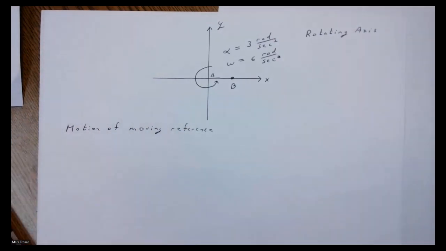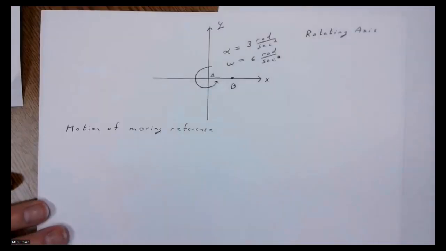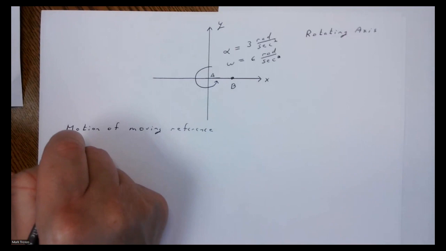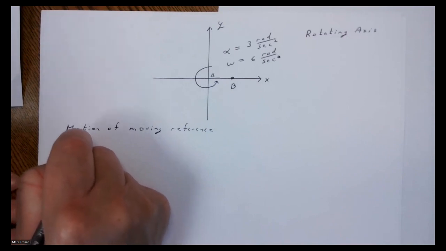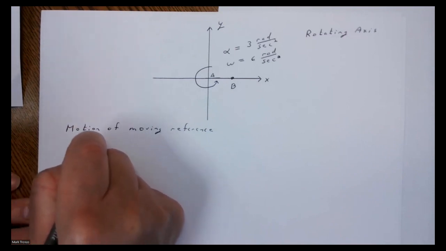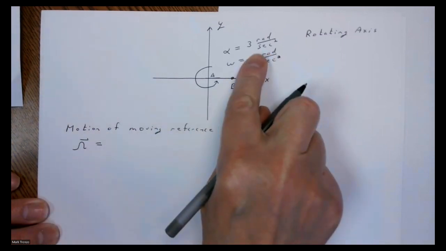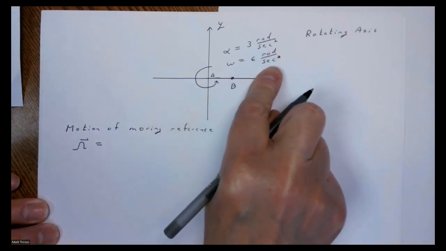And when you look at what we have here, the angular velocity of the main body is going to be the capital omega, and the angular acceleration of the main body is the capital omega dot. So in this case, capital omega is 6 radians per second.